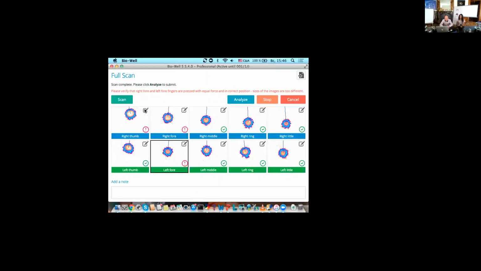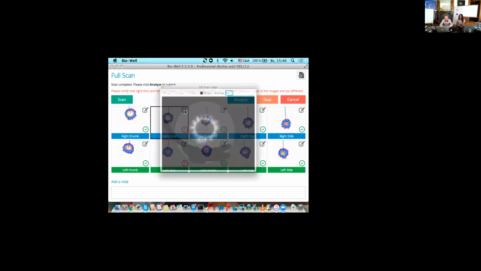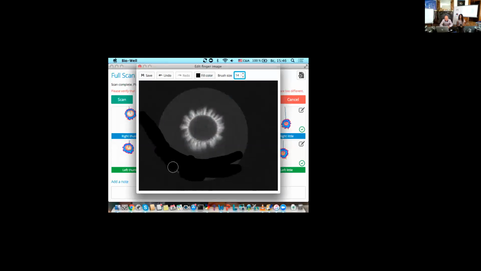Okay, still it shows us those two marks. Let's check a little bit here. And still it's here, maybe because they have a lot of noise inside, but still I see that it's okay, so I can make the analysis.